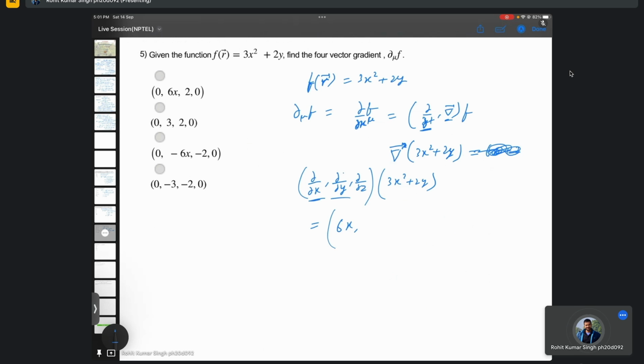Applying del y, you will get 2, and del z will be 0. Okay, so finally you will have the derivative as: time component is 0, and then 6x, 2, and 0. Okay, so this is the correct option. So this is how you can take the four vector gradient of any function.